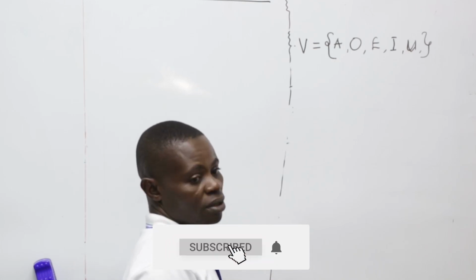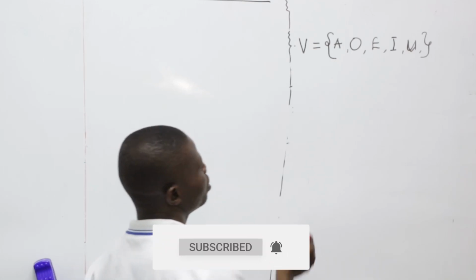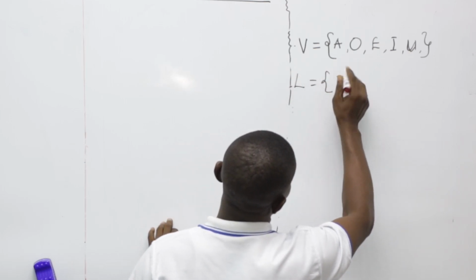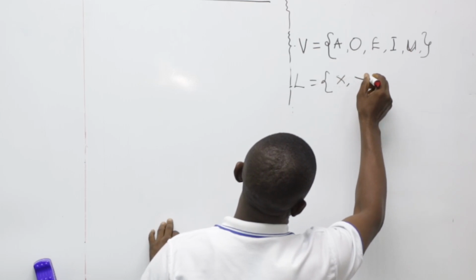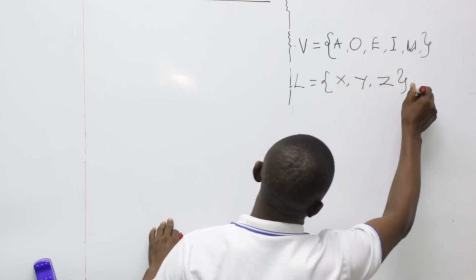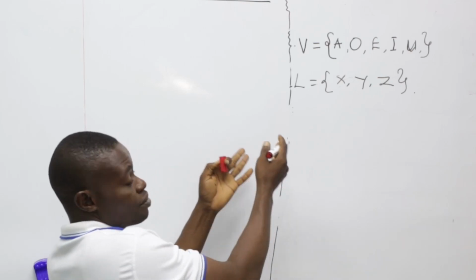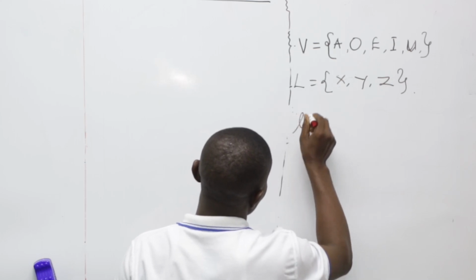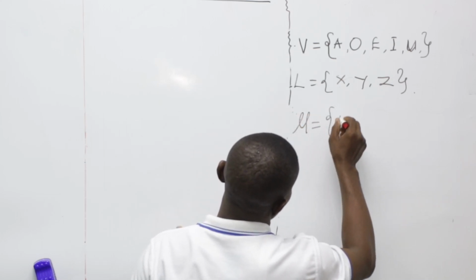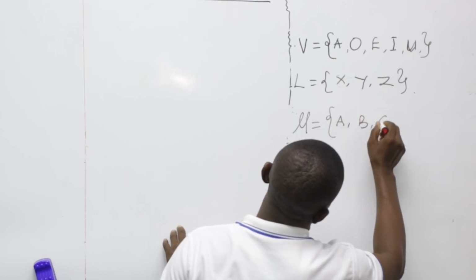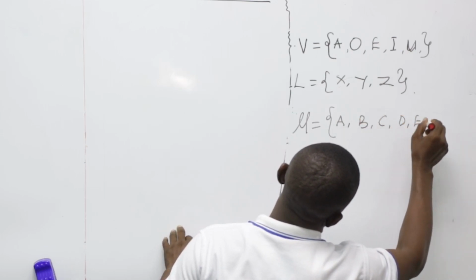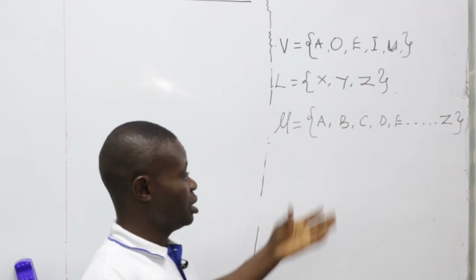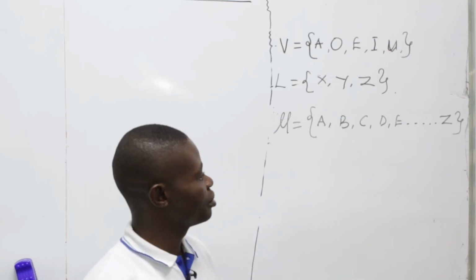Now, the letters X, Y, Z. Let's say letters: X, Y, Z. The mother set, that is A to Z, let's say the universal set, A, B, C, D, E, dot, dot, dot to Z. We know that we have 26 alphabets.